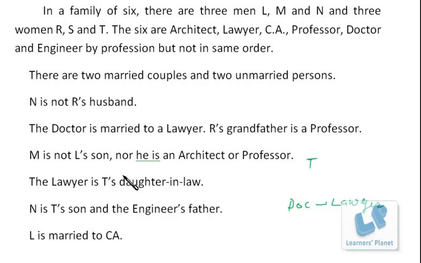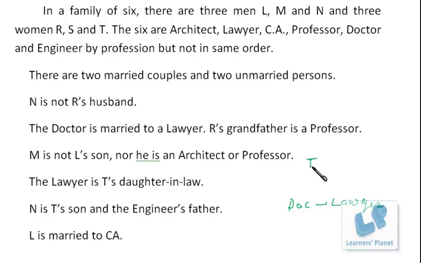Now N is T's son and engineer's father. Now if it is the previous generation, that means this is a married couple and this is a married couple, right? Now the next is L is married to CA. Now there are only 2 married couples. One is doctor and lawyer and other is L and CA, right?